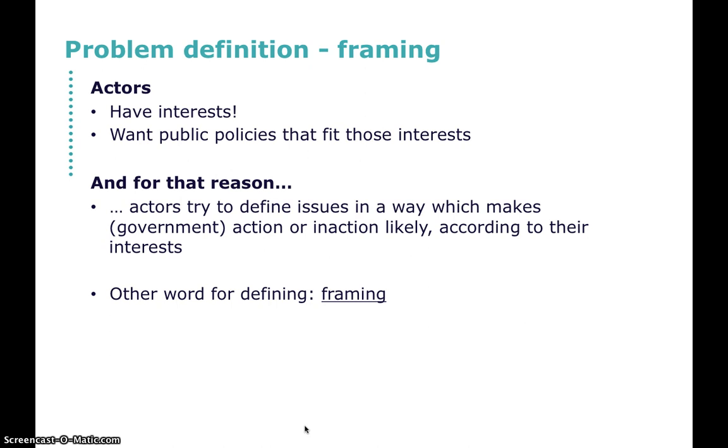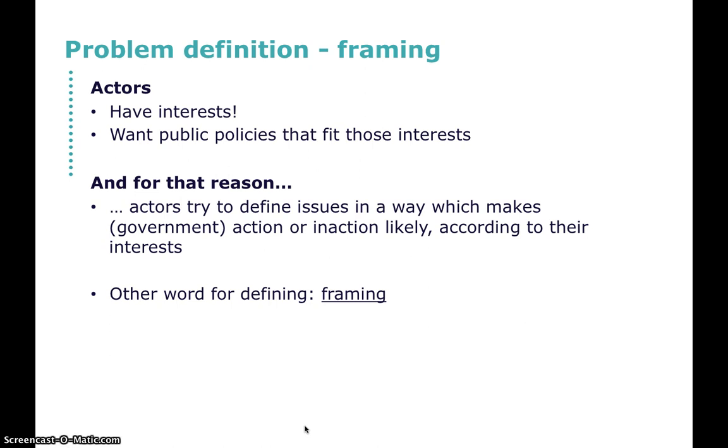As you know by now, these different actors have different interests. Those actors can be, for example, interest groups or political parties or whatsoever. What they would like is to see public policies being adopted that fit their specific interests.